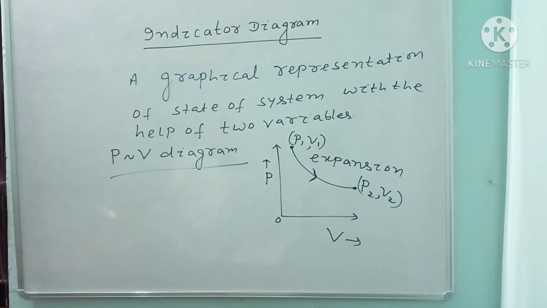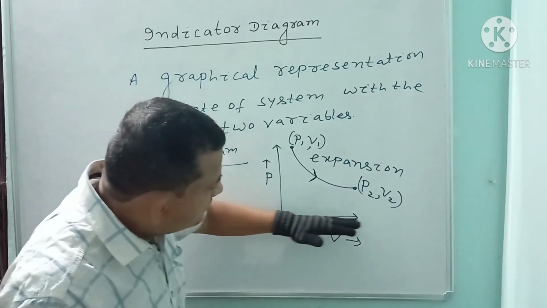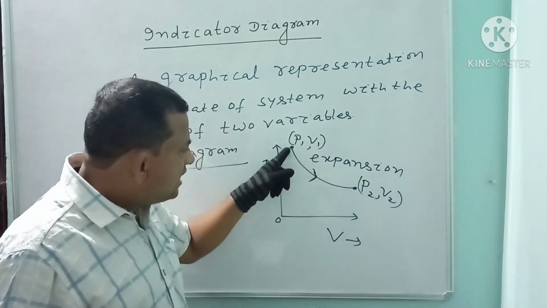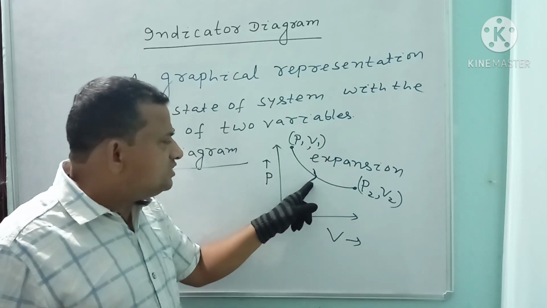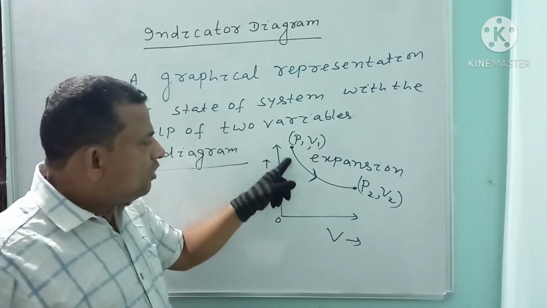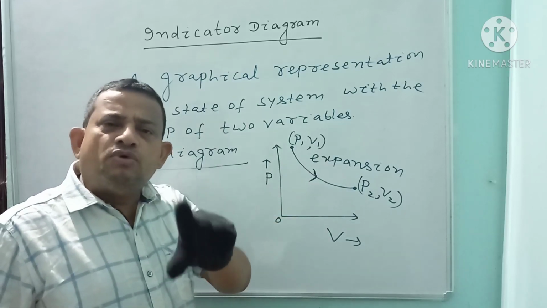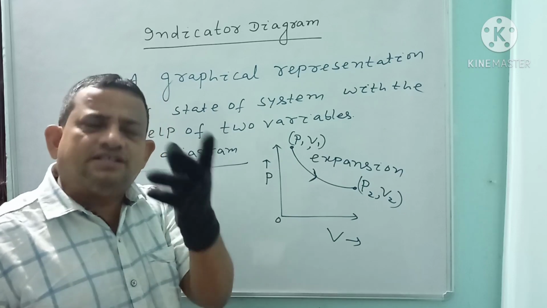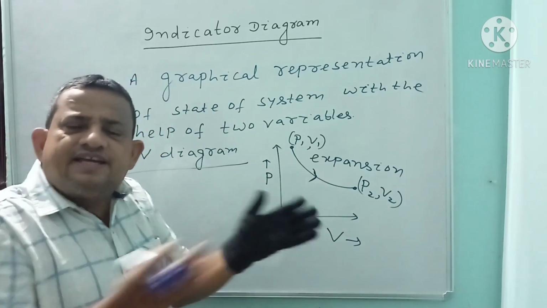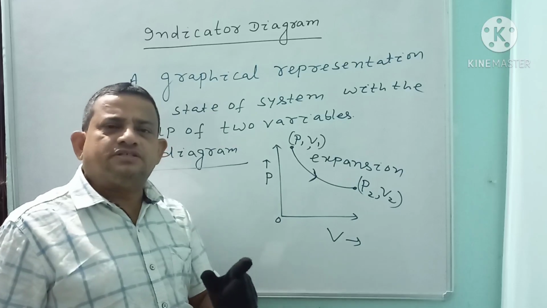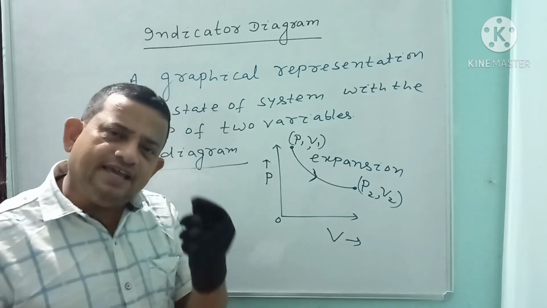So this is called your PV diagram. Since volume increases, students, arrow is in this way, so here volume is increasing from V1 to V2. V1 is small, V2 is large. So due to increase of volume, your gas is expanded.